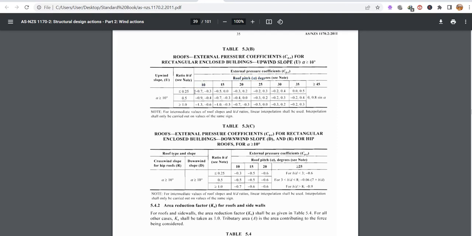So what I'm going to do is interpolate these values. I'm going to interpolate this value and this value to get my CPE at the upwind at 10 degrees slope. That's why I get negative 0.75, because this is interpolated between 0.7 and 0.9, and the next one is between 0.3 and 0.4.